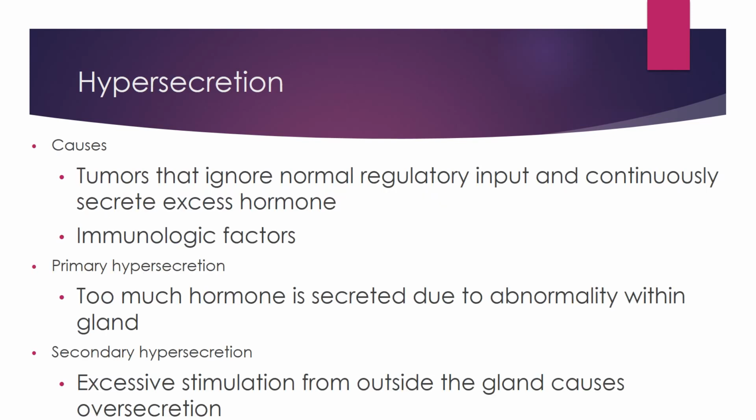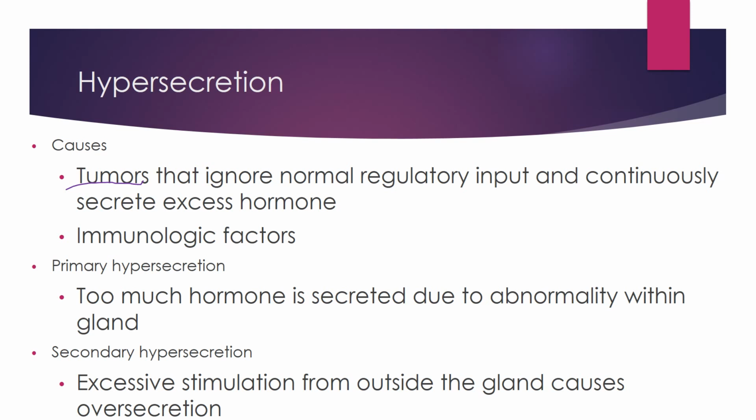And also with hypersecretion, again, this is where we have too much hormone that's being produced. And so causes of this include tumors, where they continuously secrete excessive hormone, so they ignore the negative feedback that our bodies typically set up for and maintains homeostasis. So this is more like in a positive feedback fashion.